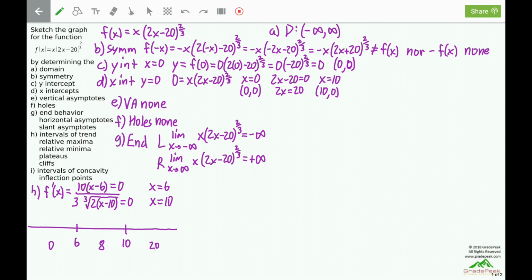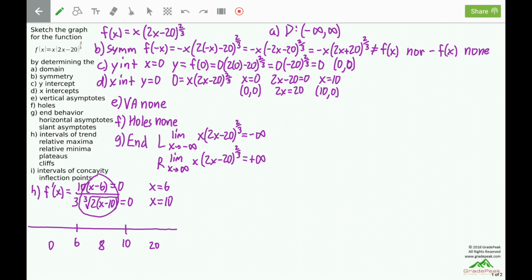We can test the trend in each of these intervals by plugging the test values into the first derivative. We only care whether it is positive or negative. So the best place to plug in is the fully factored version. That's this one here. For this, the 10 is always positive and the 3 is always positive, so they do not affect whether the first derivative is positive or negative, so we can ignore those and just plug into this portion of it.